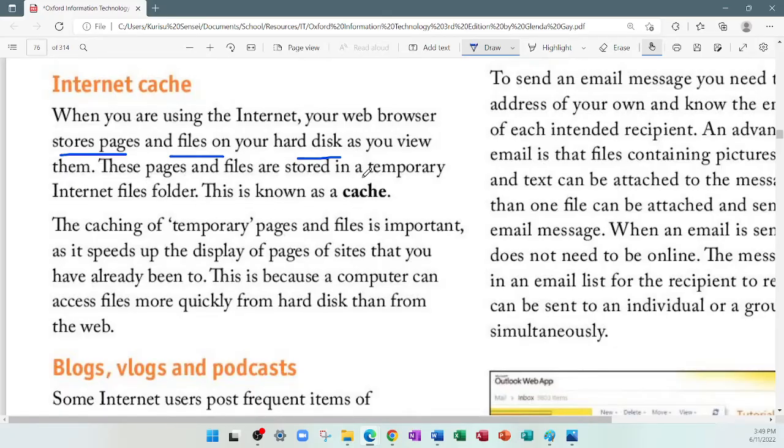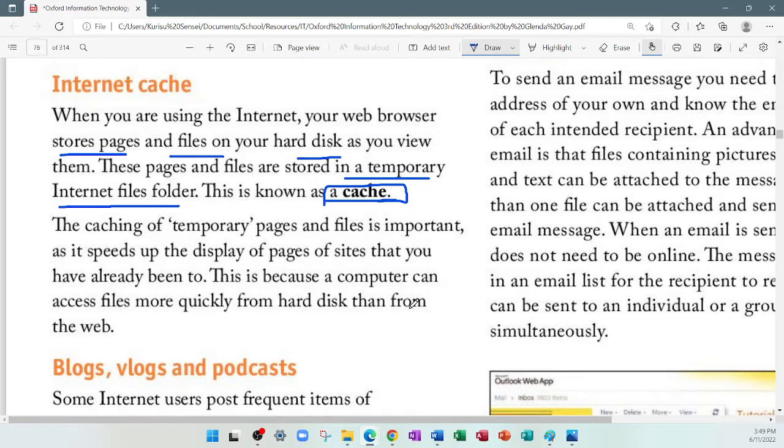Now, pages and files are stored temporarily in an internet folder on your computer, and that is called the cache. Did you guys ever notice that if you access a website for the very first time, it opens very slowly, but if you close that website and open it again, it's slightly faster? Anyone ever notice that? Yes, sir. Right. That is because it's making use of the cache that is stored on the computer, those temporary files.